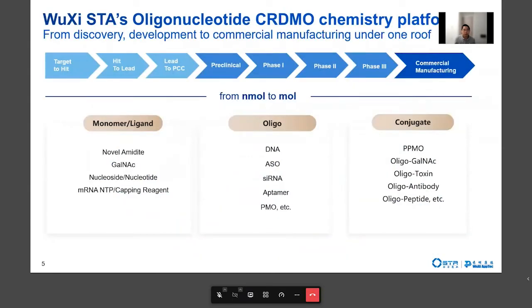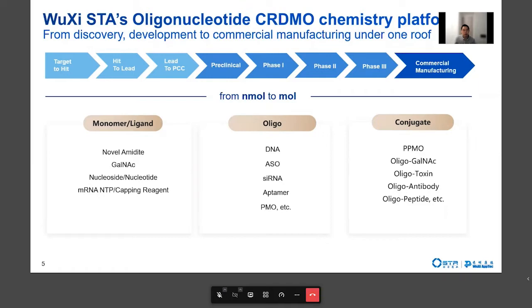With the current industry demand, WuXi STA has established an end-to-end full CRDMO service platform in this field to cover from discovery, development, to commercial manufacturing at various scales. We have been able to synthesize different types of oligos and related conjugates.